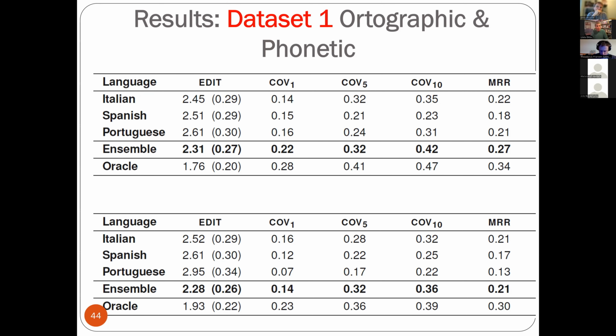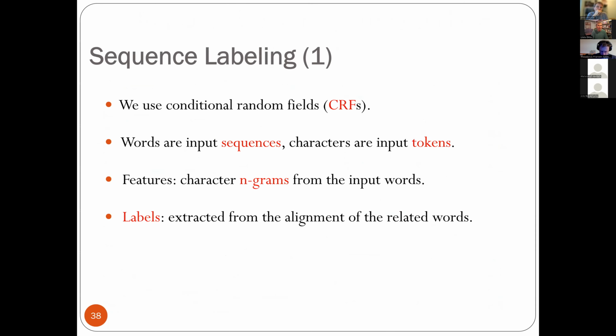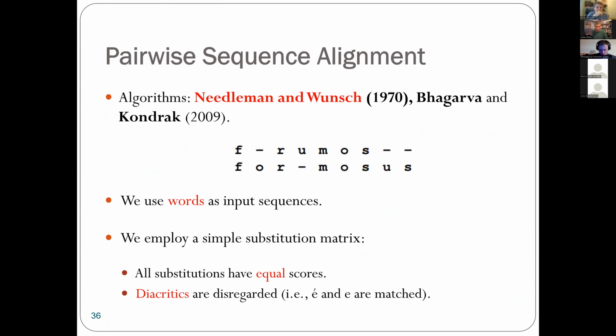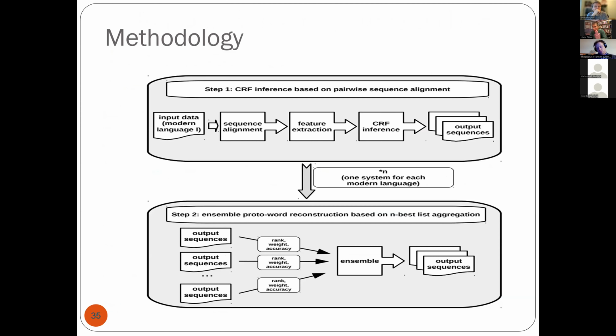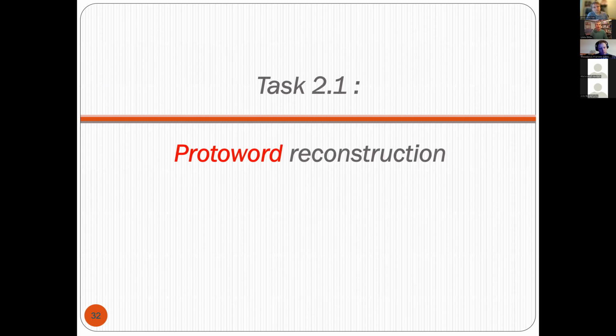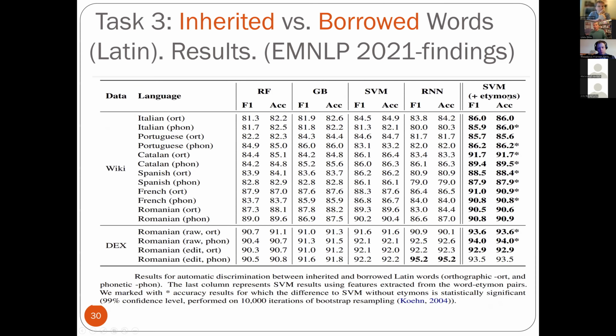And to our surprise, when we applied the methodology to discriminate between inherited and borrowed forms of words, using the orthographic and the phonetic form, there were not such big differences in the results, which was our intuition.